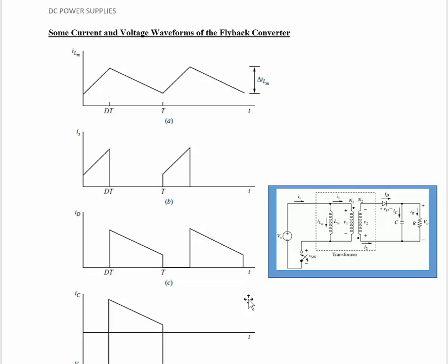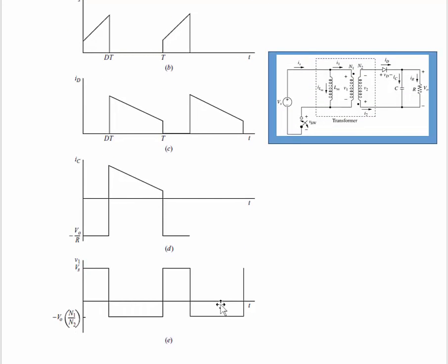Our ID is 0 when the switch is closed because the diode becomes reverse biased, but then it takes on the same value as ILM in addition to the turns ratio. So don't forget, especially for the diode current, we have to take care of the turns ratio. That's very, very important. IC, as we saw before, when the switch is closed, is going to be constant because it's the load current discharging through that.